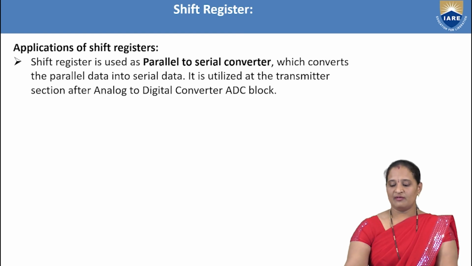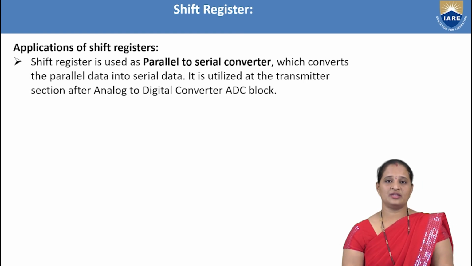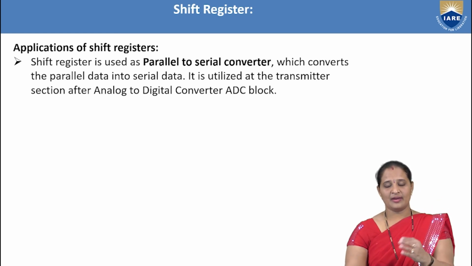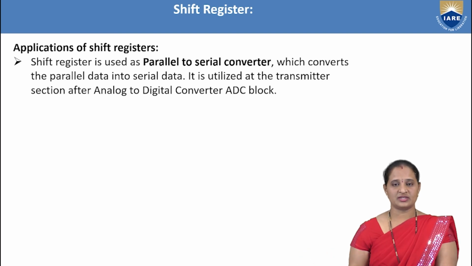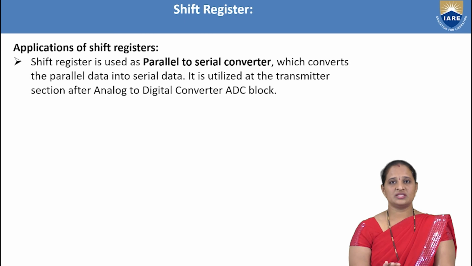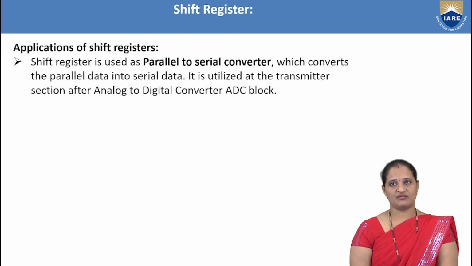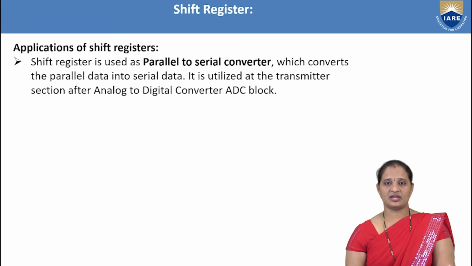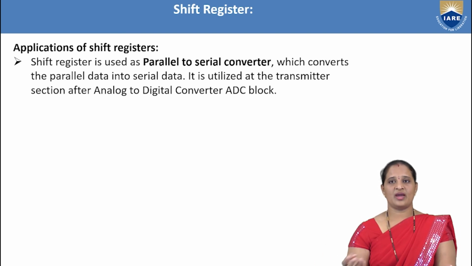First of all, the parallel in serial out shift register, where the data is taken in parallel and the data is read from the register in serial fashion, bit by bit. This finds more applications in a parallel to serial converter, where it converts the parallel data into serial, where the data input is given in parallel fashion, whereas the output is taken in serial fashion bit by bit.